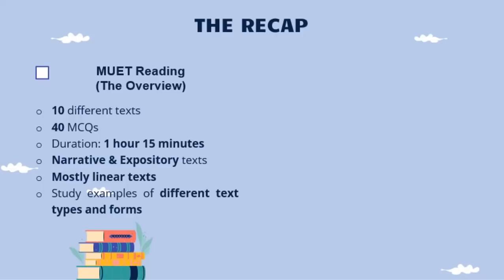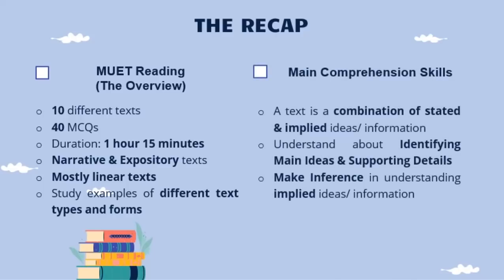A reading text is a combination of stated and implied ideas and information. In order to understand these, you have to be able to identify main ideas and supporting details, as well as make inferences, especially in understanding implied ideas and information.